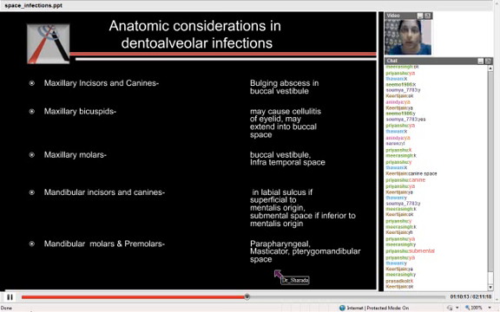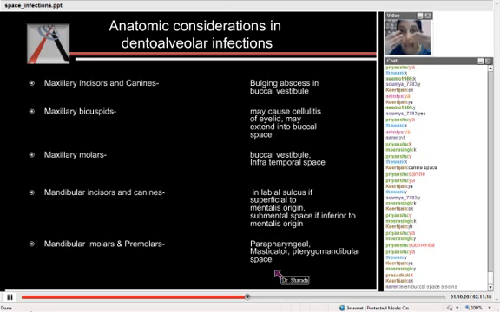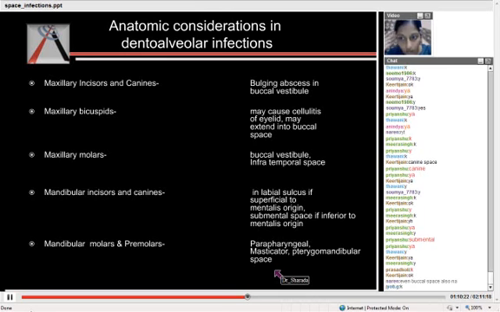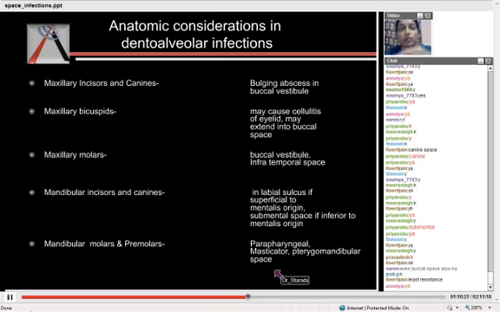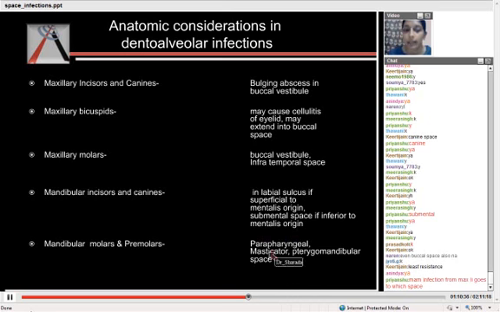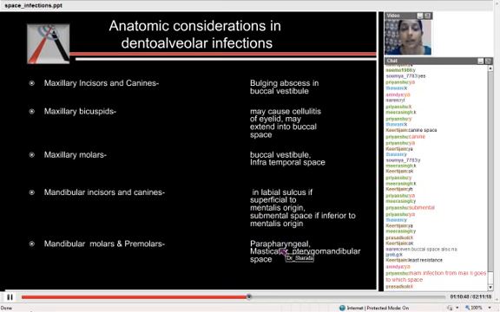Maxilla has the potential to go upward, near your eye, infratemporal, the temporal, etc. Mandible, exactly, it will go through the path of least resistance. So the mandible's only way to move is backwards. Generally, mandible poses more threat for your danger spaces, and Ludwig's angina, strangulation, asphyxiation, all that is possible in mandibular infections.